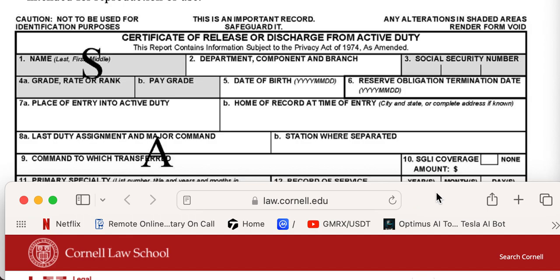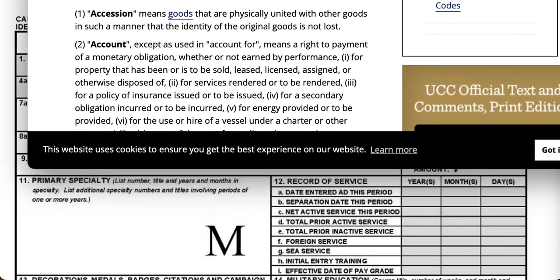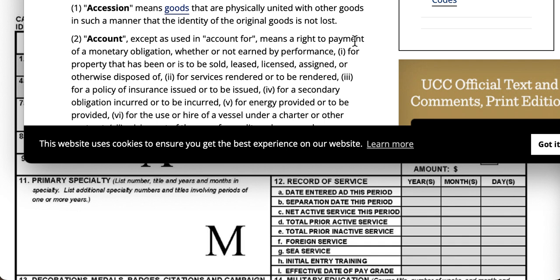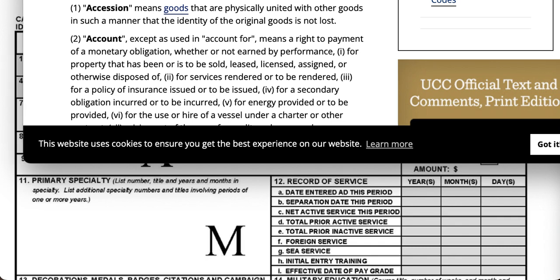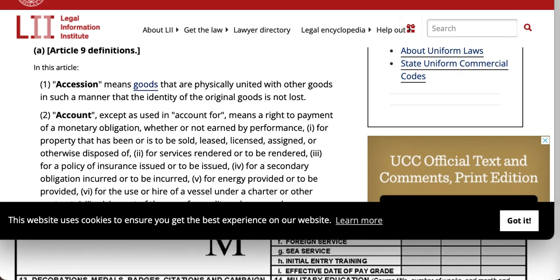I'm saying that's an account in the sense that it is a right to payment of a monetary obligation, right? It's a right to a payment of a monetary obligation. And it's a form of an assignment because it's a release.